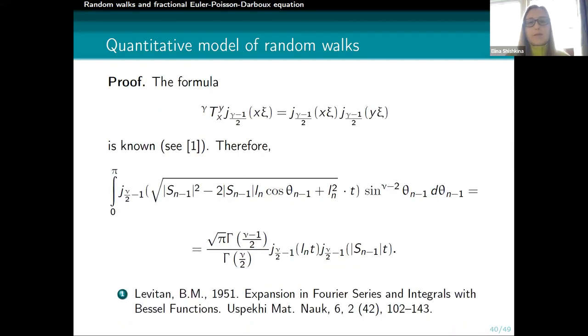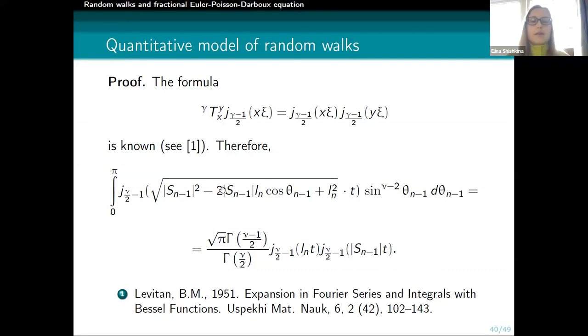So our generalized shift acts on the normalized Bessel function, and we obtain the product of two normalized Bessel functions. We have many integrals and in every step we obtain this construction, and all our integrals can be written as one integral of the product of the Bessel functions.